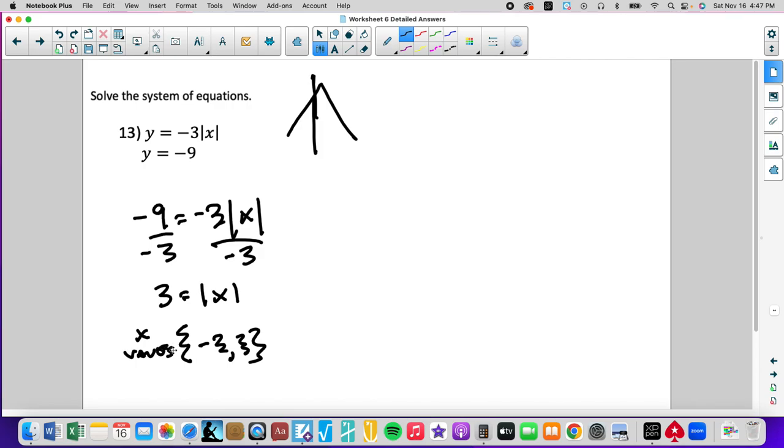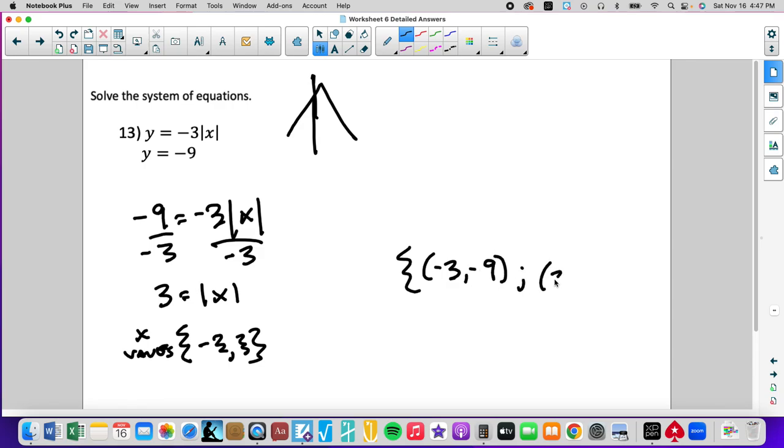Let's plug it in. If you plug in negative 3, you get negative 9.